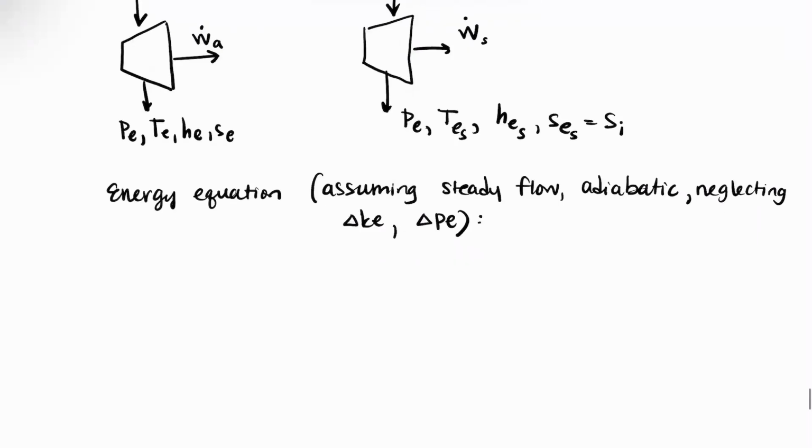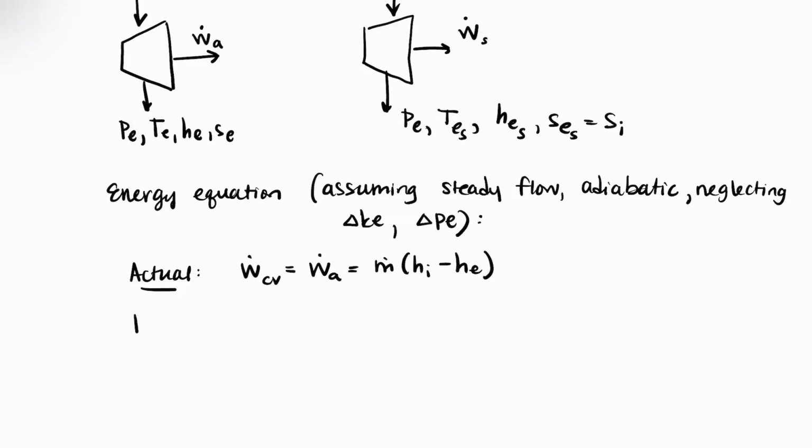So for our actual, we have W dot of our CV is equal to just W_A, so our output work, which is equal to m dot (Hi minus He).